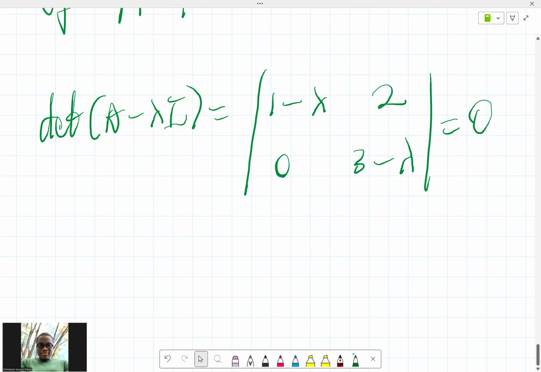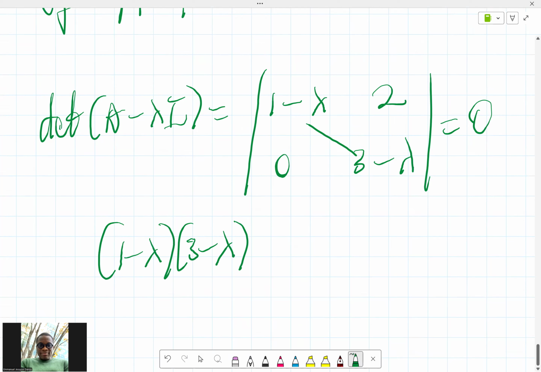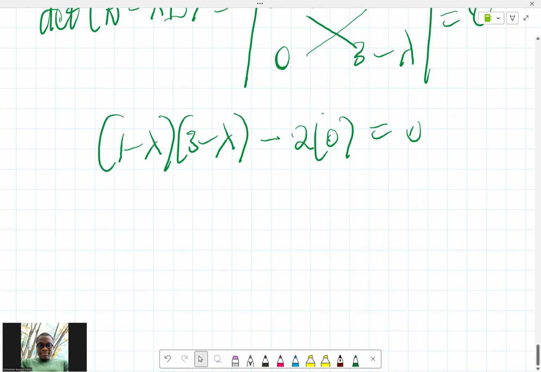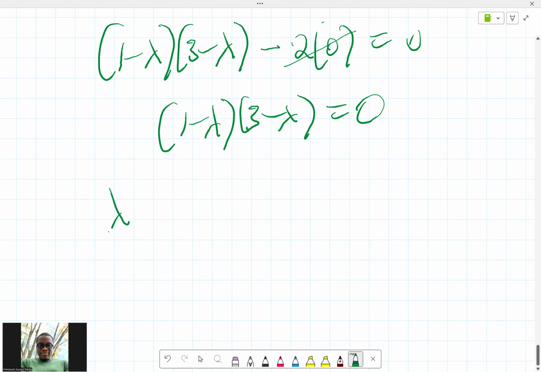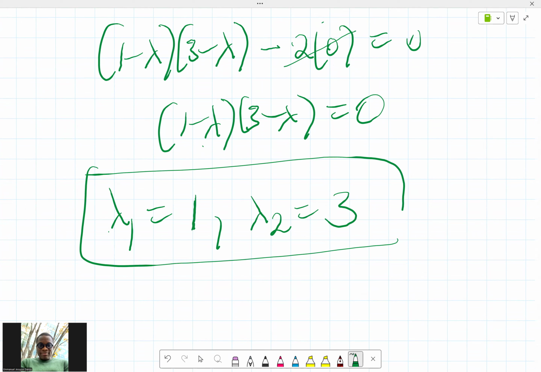That's 1 minus lambda times 3 minus lambda, then minus 2 times 0, equals 0. In fact, this is 0, so we just have 1 minus lambda times 3 minus lambda. There's no point wasting time with this. So lambda 1 is equal to 1, and lambda 2 is equal to 3. These are the eigenvalues.